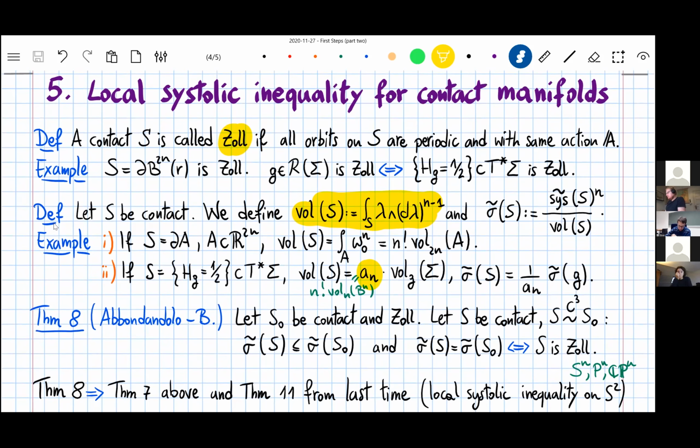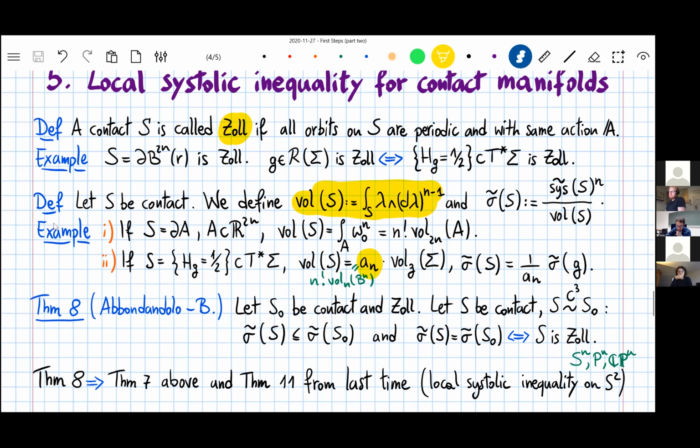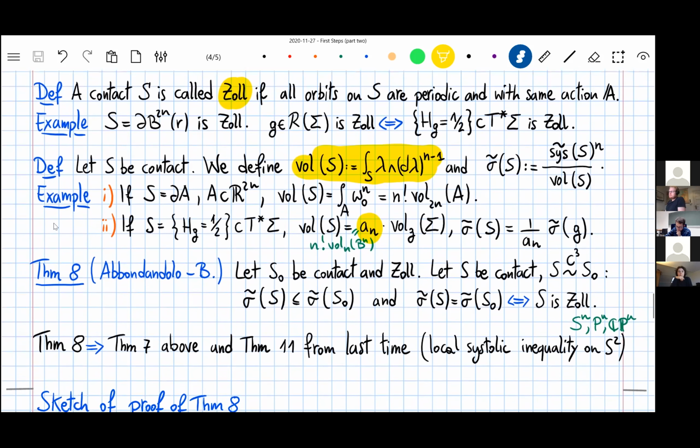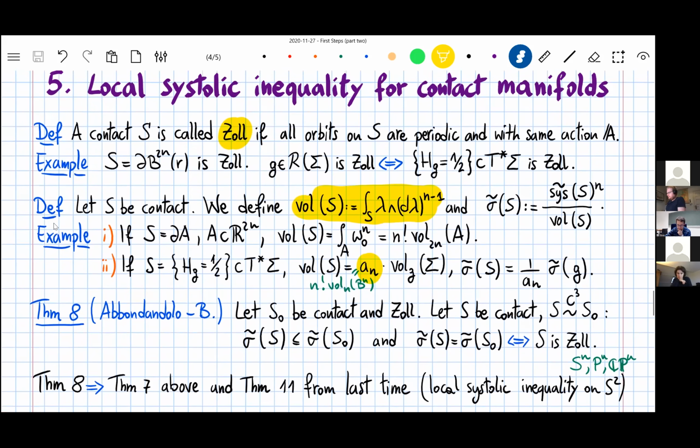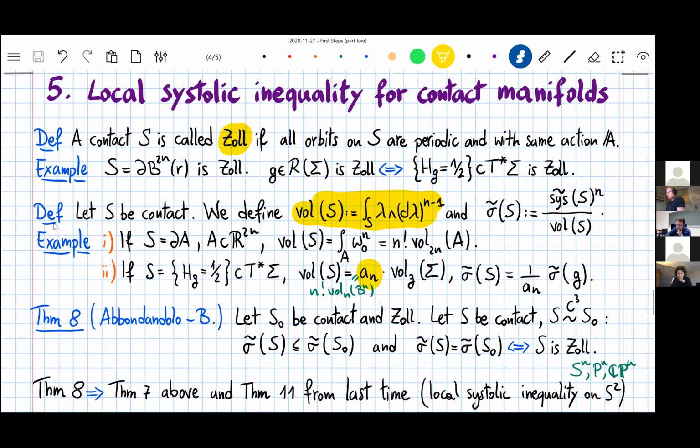Okay, so this is, I think, the end result. And in the last maybe 5 minutes, I can give a sketch of the proof. And here it turns out that we have some very striking similarities to the proof of the systolic inequality for the torus by Loewner that we saw in the first talk.